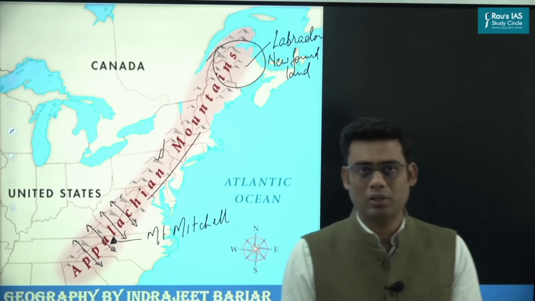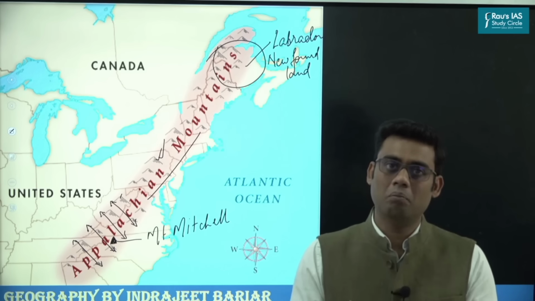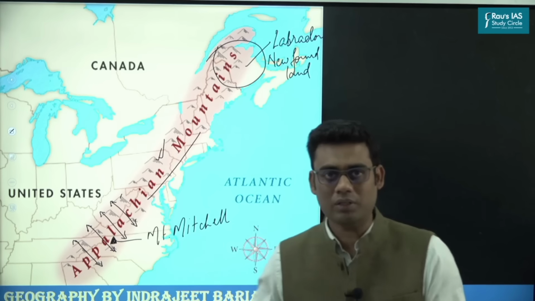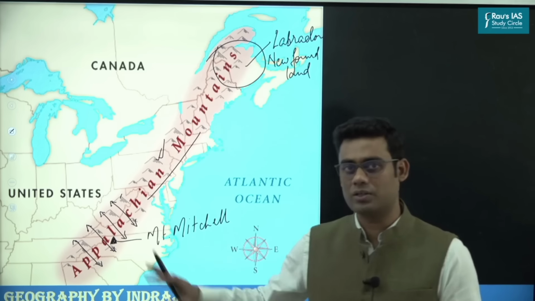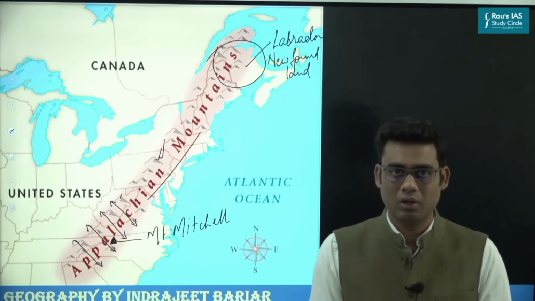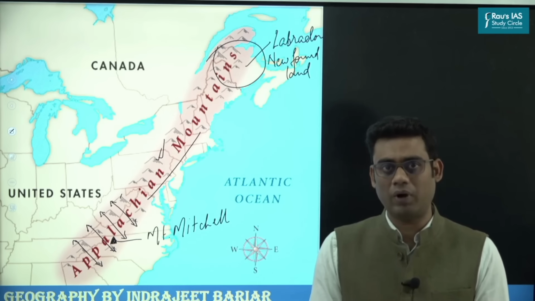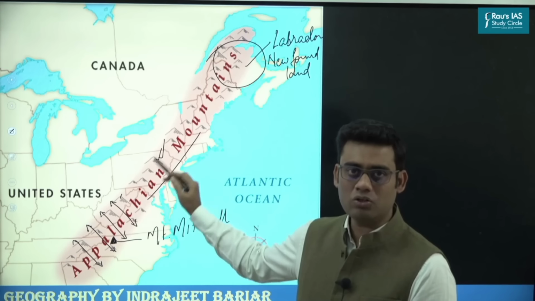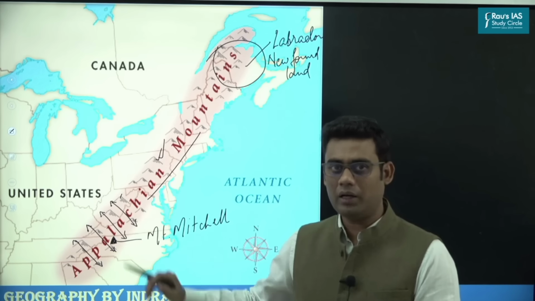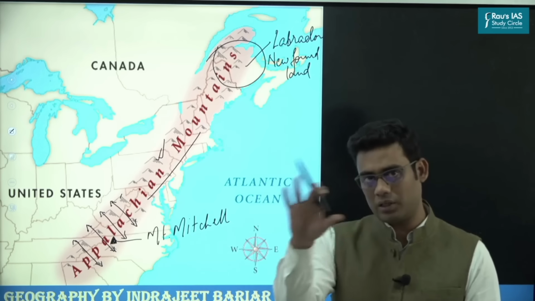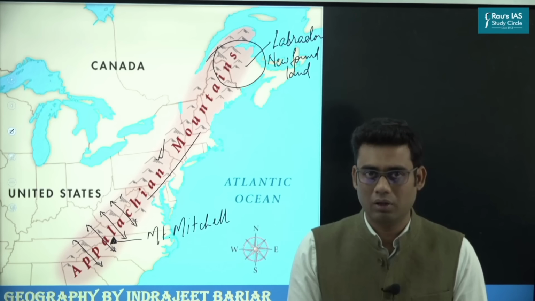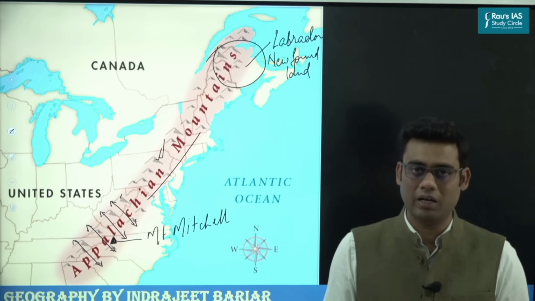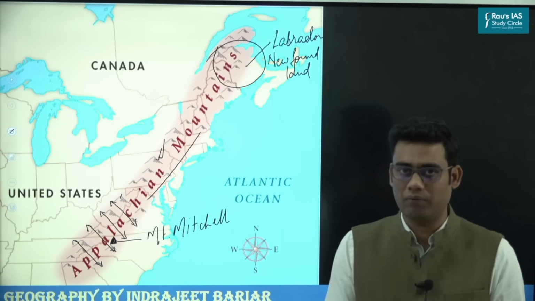Along with this, the Appalachians are rich in mineral oil. Some of the USA's most important oil fields are located in the Appalachians. This becomes an extremely important factor because being a very rich source of energy, it supports the industries in and around the region. So the Appalachian Mountains or the Eastern Highlands, that is the second physiographic division.